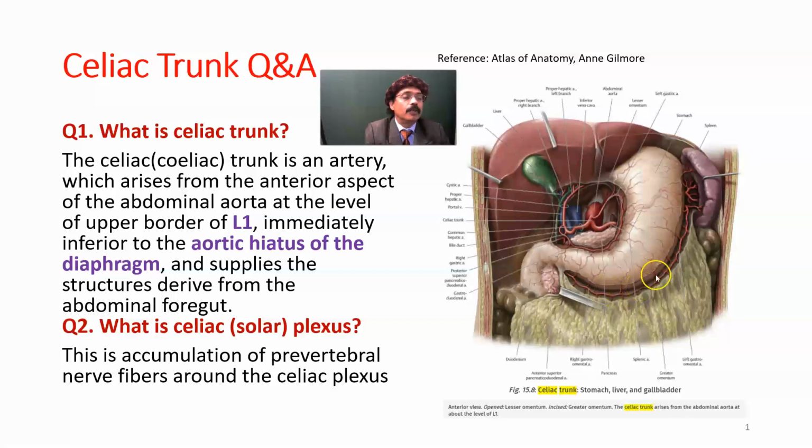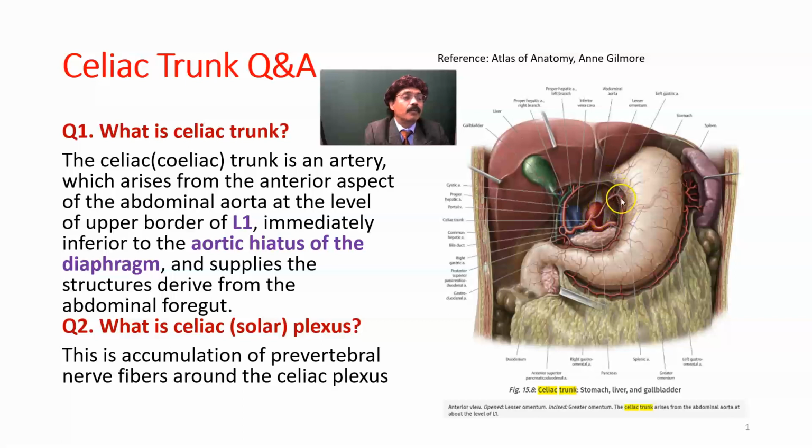The splenic artery, the largest member of the celiac trunk, has branches: short gastric arteries and the left gastroepiploic artery, or left gastroomental artery.